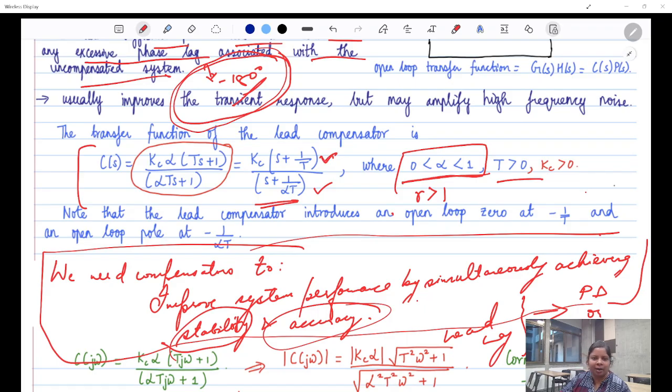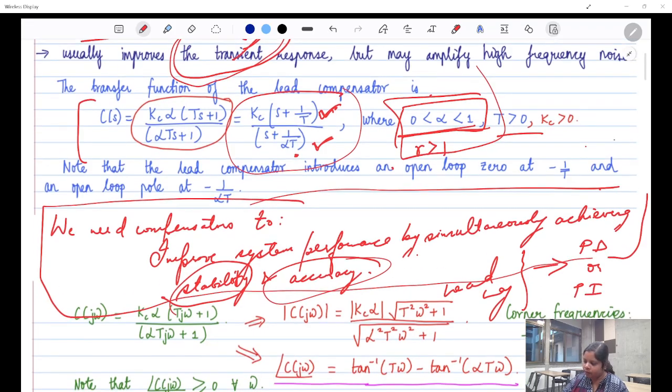The zero is minus 1 by T and the pole is minus 1 by alpha T. Now based on the value of alpha, you can say which of them lies where, whether minus 1 upon alpha T lies to the left or to the right of minus 1 by T. So that can be found out from here. This is the way a lead compensator is defined. If we talk about a lag compensator, you'll get a term beta over here, and this beta would be greater than 1. We'll see that, but for now this is a lead compensator.